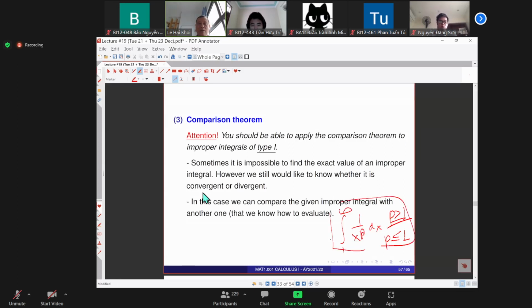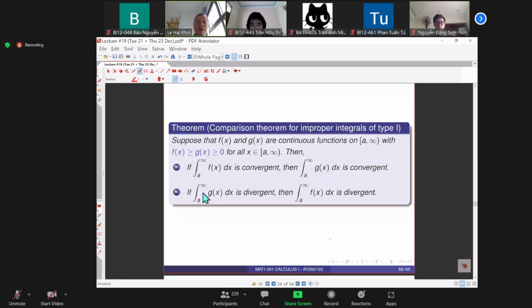Here you have the following result. If both f and g are continuous on the interval [a, infinity), for example, we consider one of the cases for type 1, and f is always bigger than or equal to g, which is bigger than or equal to 0 on that interval, then look at that.